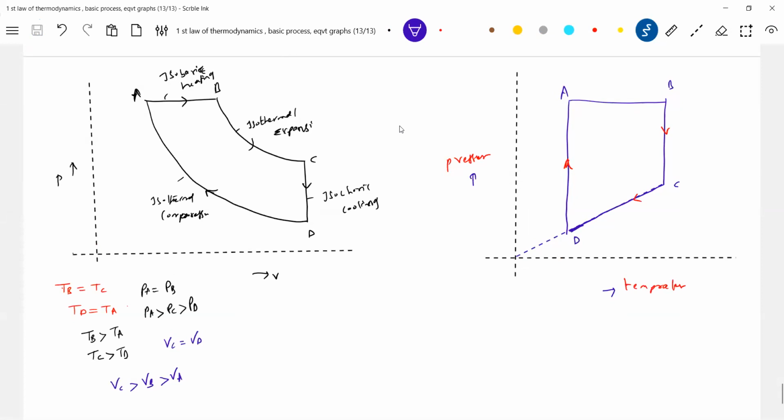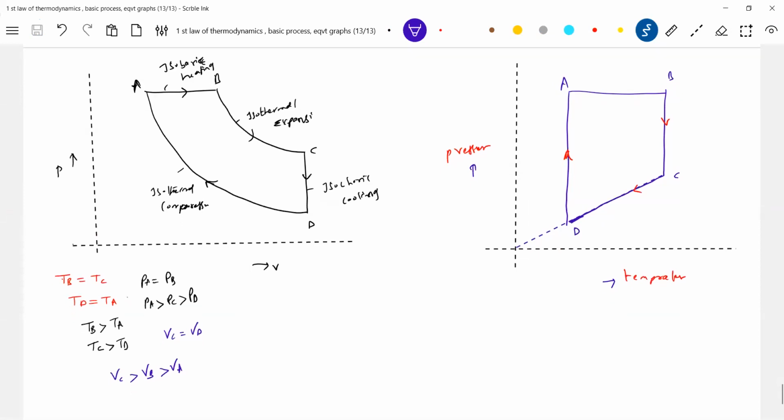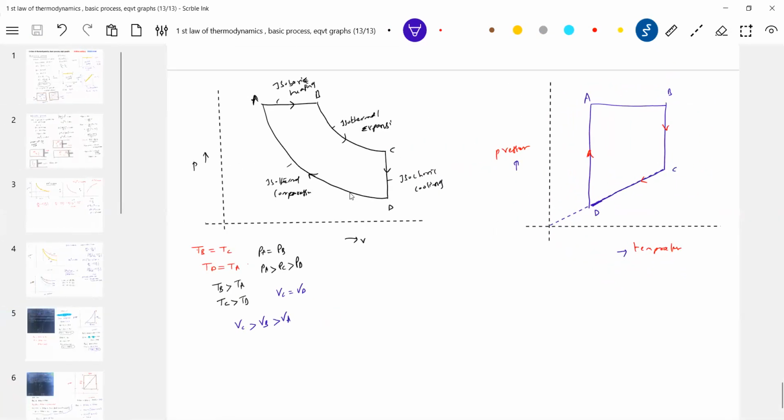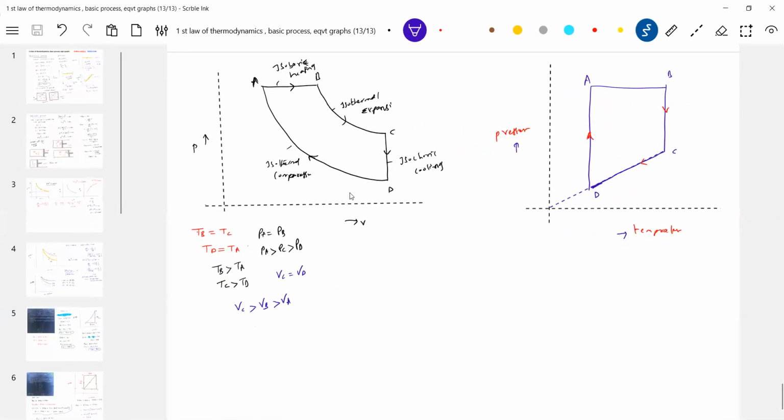Now similarly, a volume versus temperature graph is needed. Let's go for the volume versus temperature graph, or temperature versus volume, anything. Let me take volume on the y-axis.